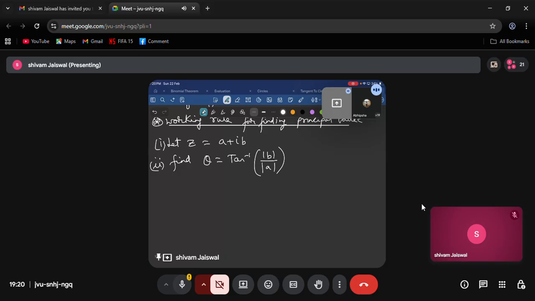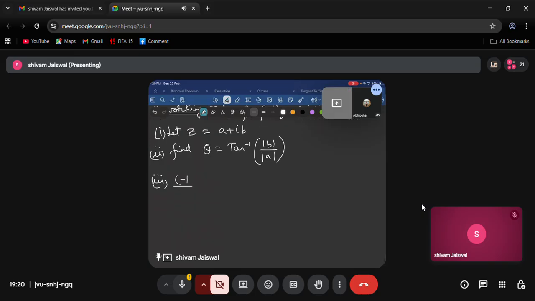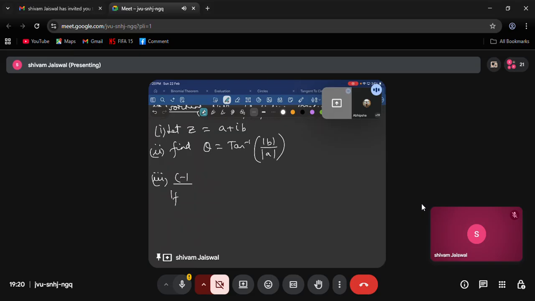Then number 3. Case 1: if Z lies in the first quadrant, then theta is equal to alpha.